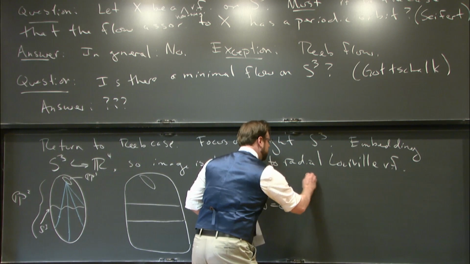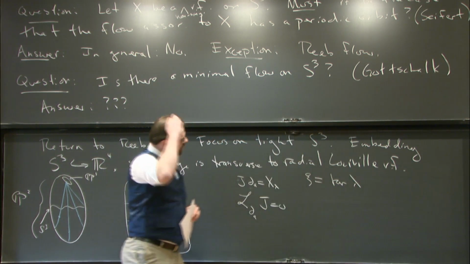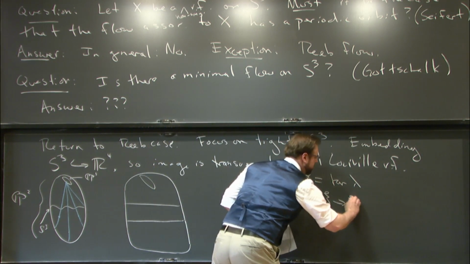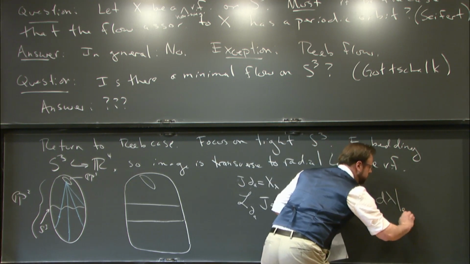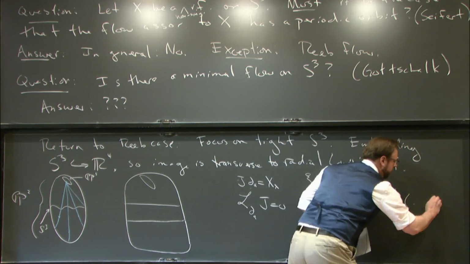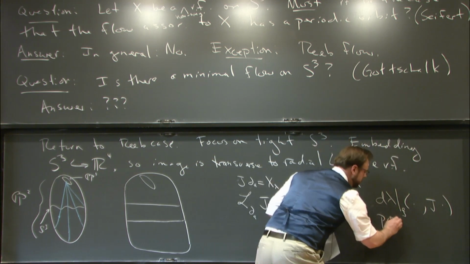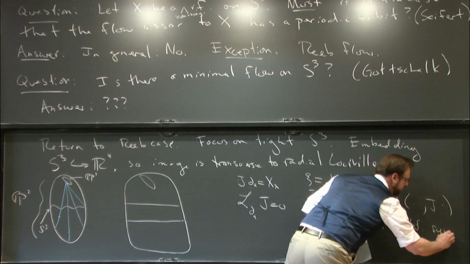We can define C to be equal to the kernel of lambda, which is our contact form. And we want J to map C to itself. And we want it to be the case that if we look at d lambda restricted to C, then this 2-form becomes positive definite, or tensor rather, and symmetric.